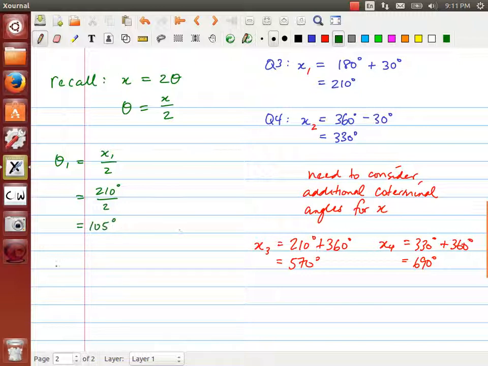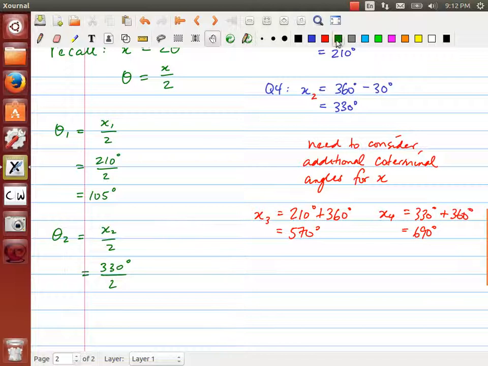Theta 2 is equal to x2 divided by 2, which is equal to 330 degrees divided by 2, and that one turns out to be 165 degrees.